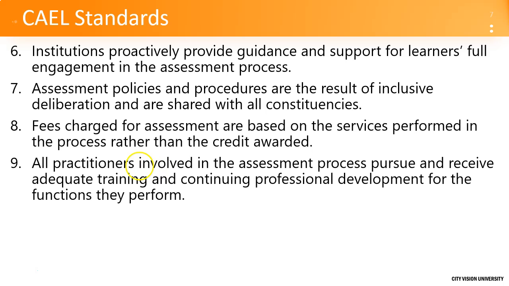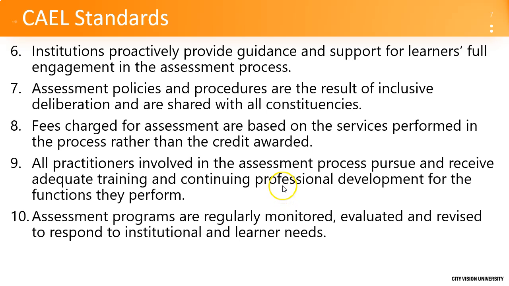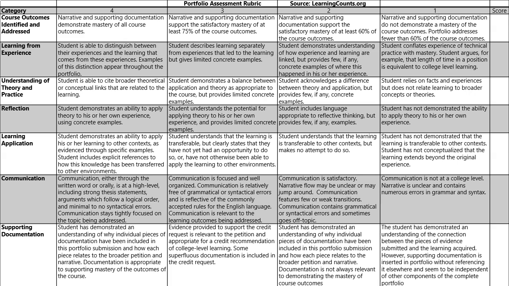And the other thing is that whoever's doing the assessment has to have training in this, and they're monitored by our staff. Now, you always want to understand what you're being graded by, and that is this portfolio assessment rubric. So a rubric is just a guide to grading.